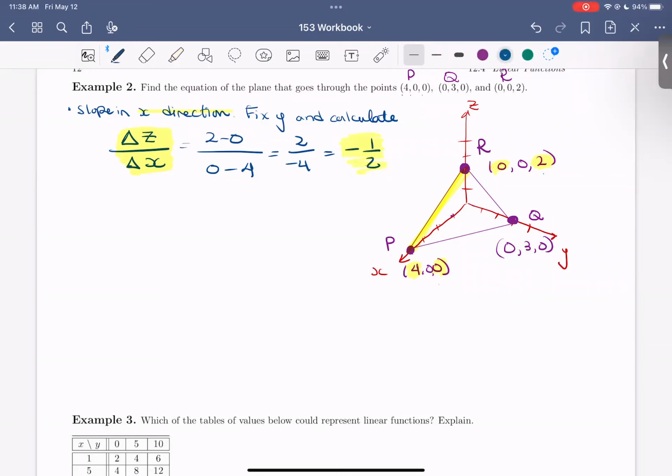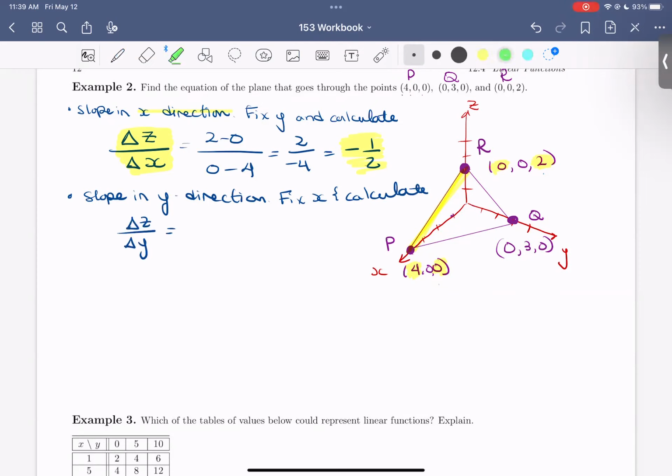Now let's do the same thing in the y direction. Maybe you see how we can do this already. If you do, go ahead and pause the video and then skip ahead to compare your work. Here we're going to fix an x and calculate the change of z over the change of y. There's a line that's really helpful for us to do this. These two points here, R and Q, are both in the YZ plane, so the x value is fixed at 0 throughout.